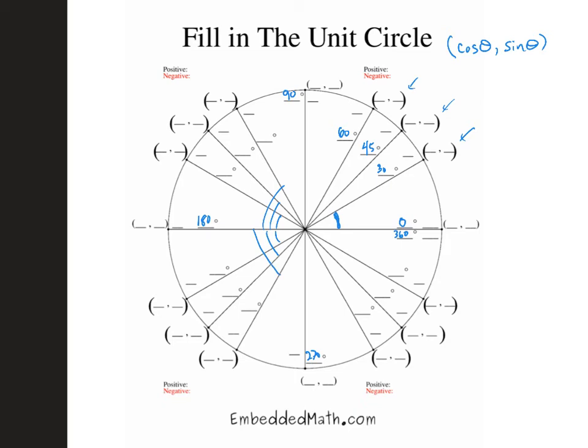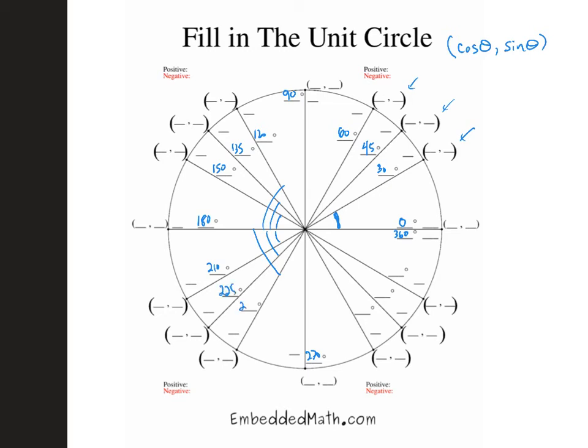So really, in the second quadrant, it's going to be 180 minus that reference angle. And in the third quadrant, it's going to be 180 plus that reference angle. So if I look at this, 180 minus 30 is 150. 180 minus 45 is 135. 180 minus 60 is 120. Then if I move to the third quadrant, 180 plus 30 is 210. 180 plus 45 is 225.